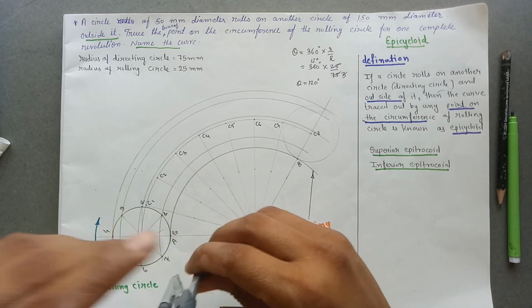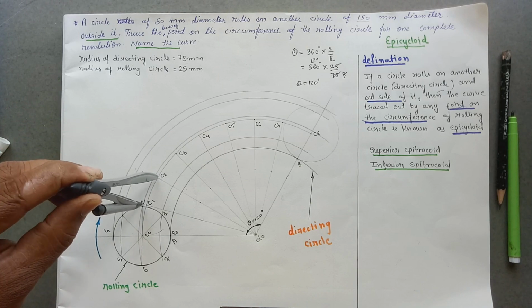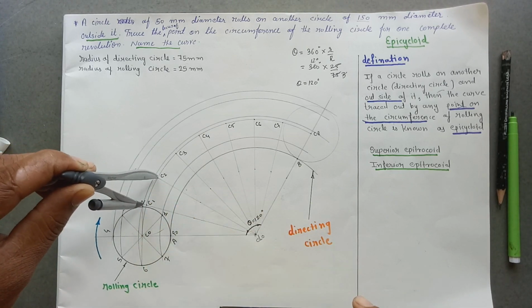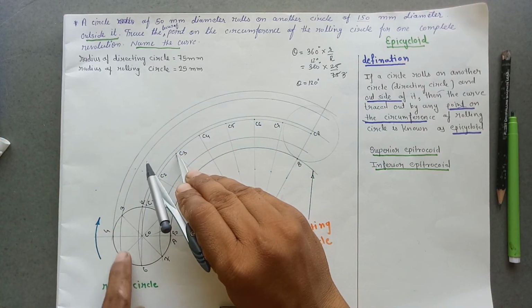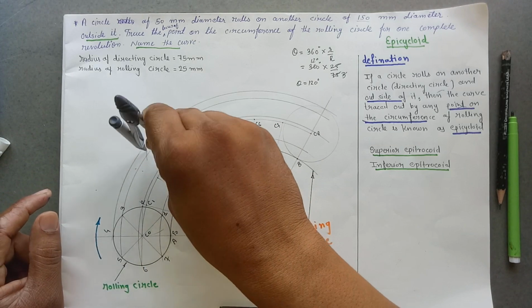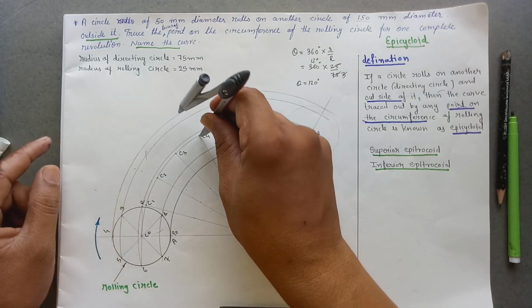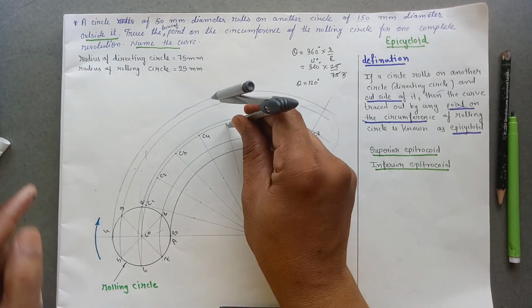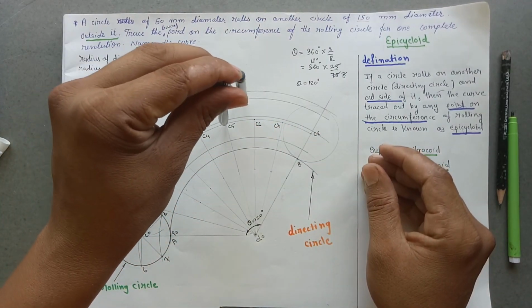Thereafter C2, give an arc on the arc passing from the second point of the circle. C3, give an arc on the arc passing from the third point of the circle. C4, give an arc on the arc passing from the fourth point of the circle. C5, give an arc on the arc passing from the fifth point of the circle.